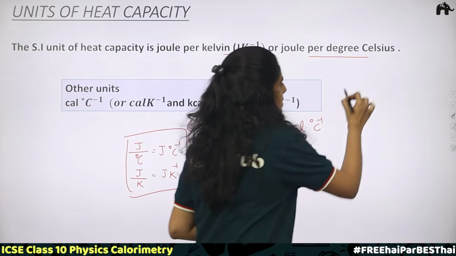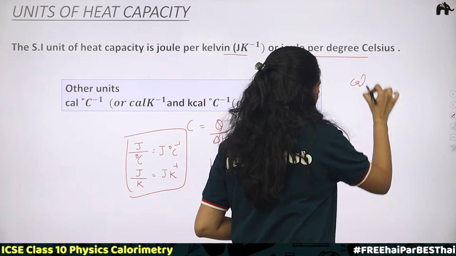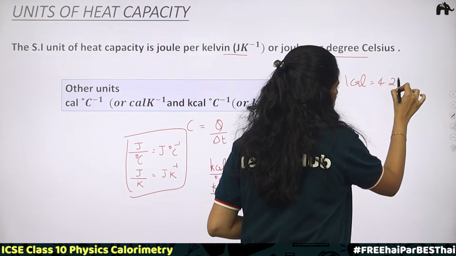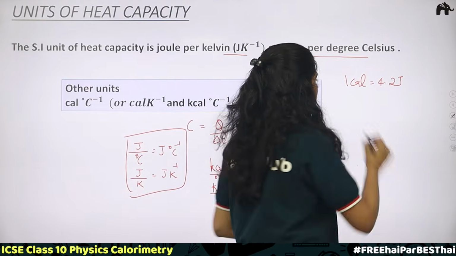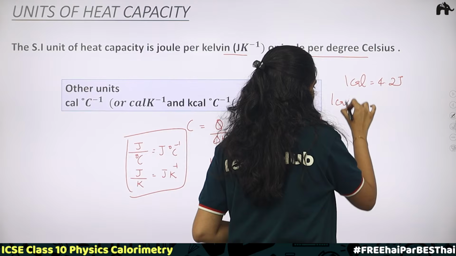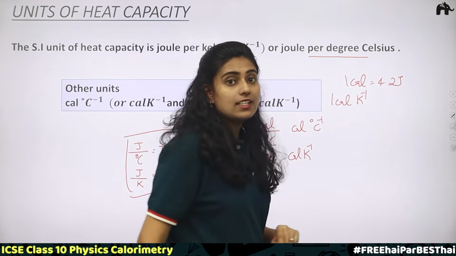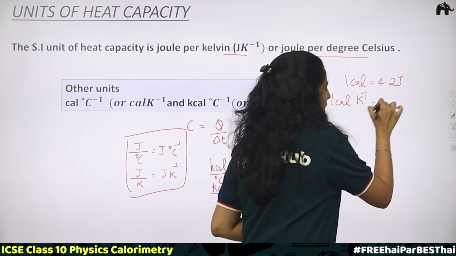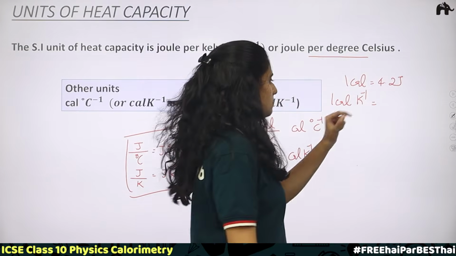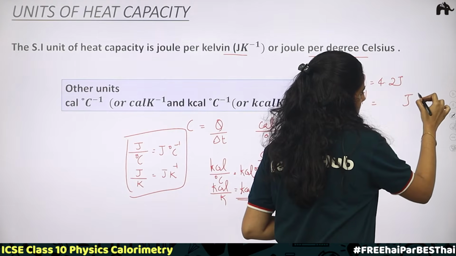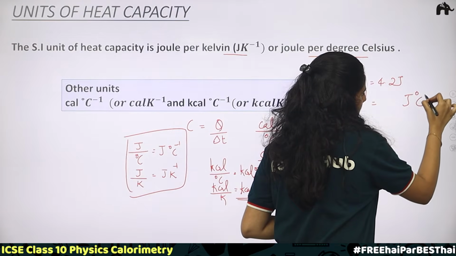What is 1 calorie? We know 1 calorie is equal to 4.2 joules. What about 1 calorie Kelvin inverse or 1 calorie degree Celsius inverse? You have to get it in joule per Kelvin or joule per degree Celsius.